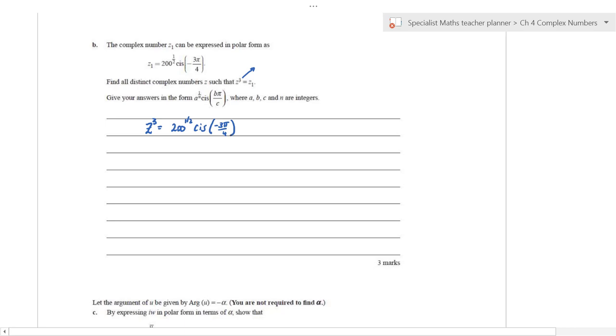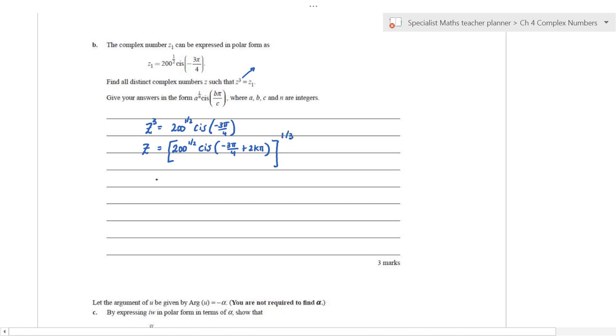Now, we're going to have multiple solutions around the complex plane, so minus 3 pi on 4 plus 2k pi. In square brackets, if we're finding the cube roots, then we're going to do that to the power of a third.